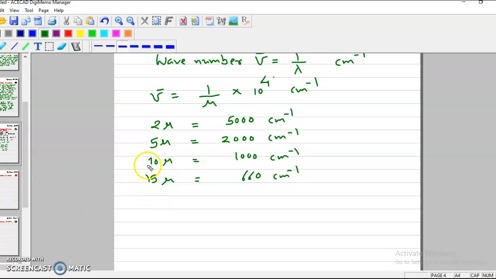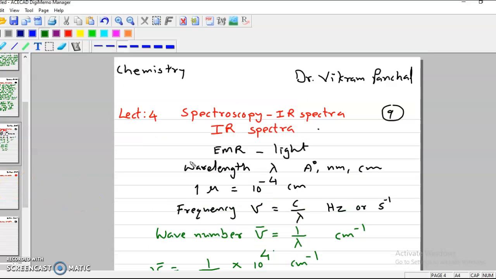Now we will draw the graph of infrared spectra.